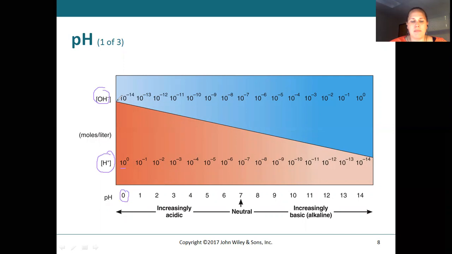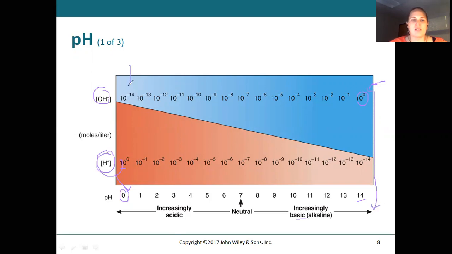And as the amount of moles per liter of OH- increases, you get closer to that 10 to the 0 power, and you have a far more basic environment. So lots of H+ means that you're acidic, lots of OH- means, as you can see right here with the 10 to the 0, very, very, very basic.